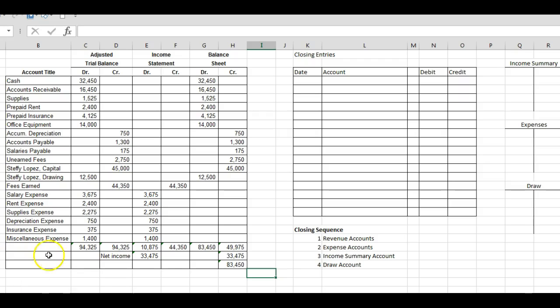The first thing I realize is, if I continue putting things into the ledger as they stand, I'm going to continue increasing this fees earned, and that's not going to be correct because I've already recorded the $43,350. So I need to make my income statement accounts all zero. And if I make them all zero, then what do I do with this net income? Doesn't this net income need to be in the capital account? So that's where our closings come in.